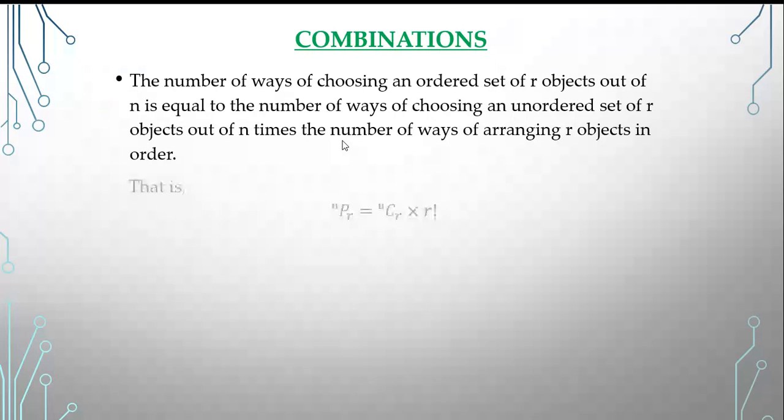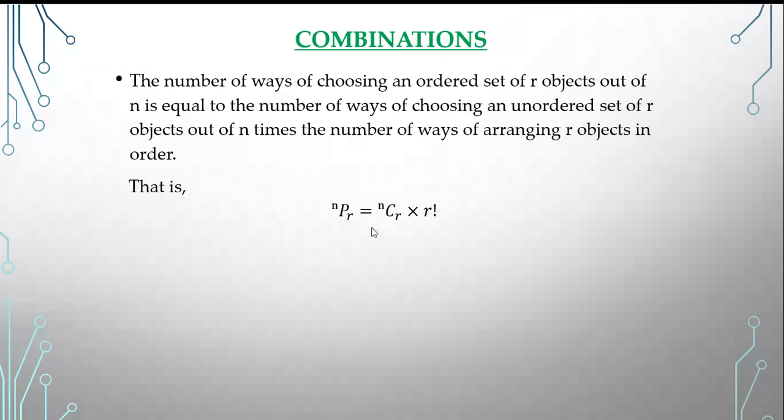What does it mean? It means nPr is equal to nCr multiplied by r factorial. Why nCr? Because we select the r objects as an unordered set from the total n objects, that is nCr. If we multiply this nCr with r factorial, arranging the r objects, that is equivalent to nPr.